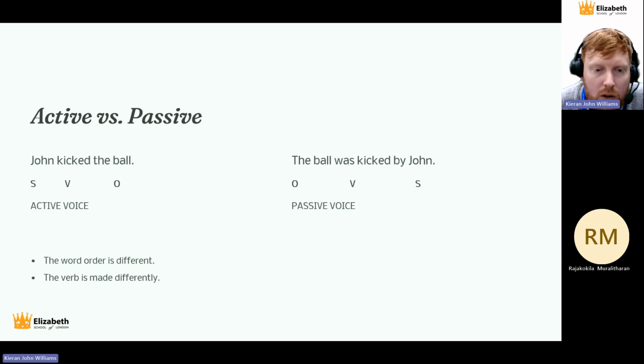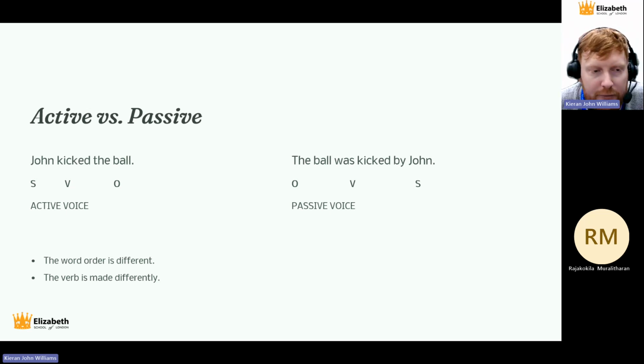That is because in the passive voice, we need to have some form of the verb to be, and then we need to have the past participle form of the verb, which is also called the third form.